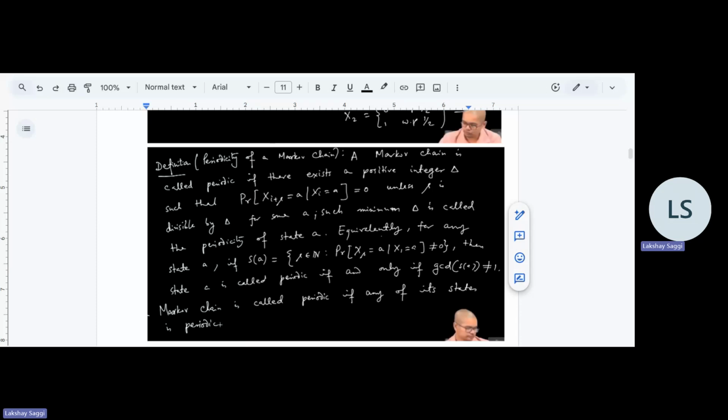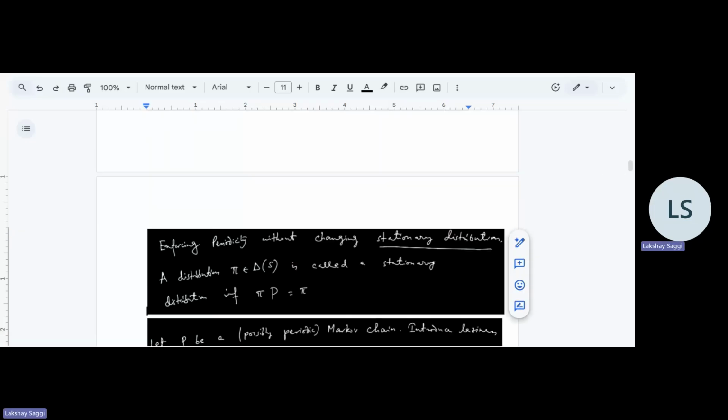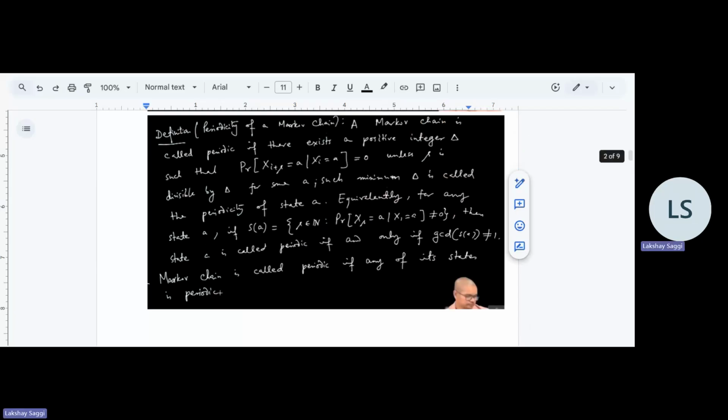If the GCD is delta, then they are occurring after every delta units of time. And if a Markov chain is not periodic, then it is called aperiodic, of course.